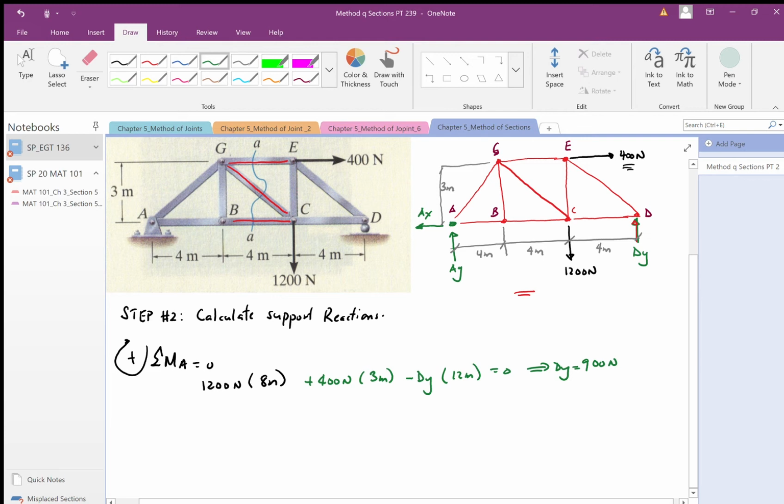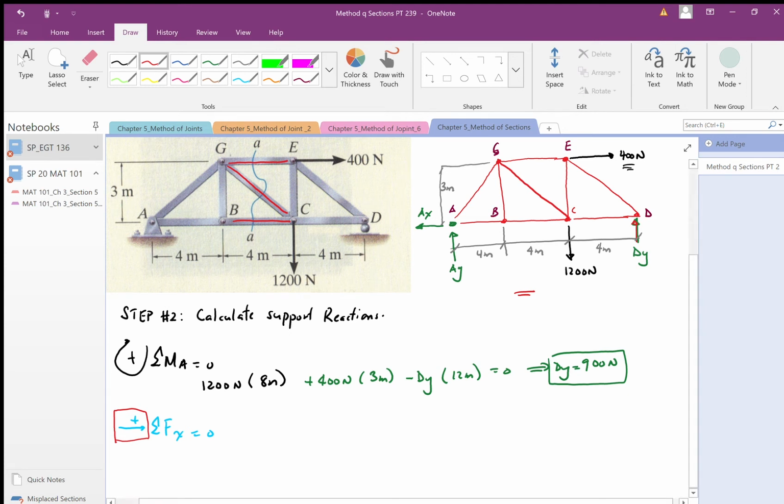Okay, so what we can do now is take it a step further and say the sum of the forces in the x direction equals 0. Again, class, I noticed in your work you don't put these directions there. They're very important.